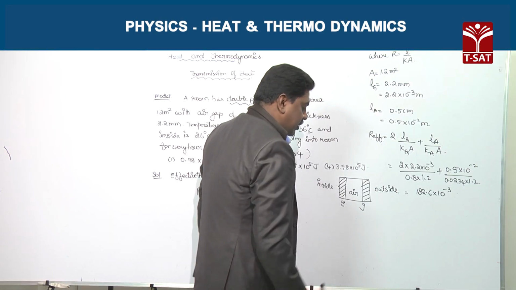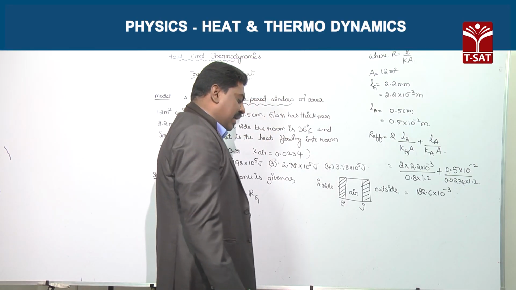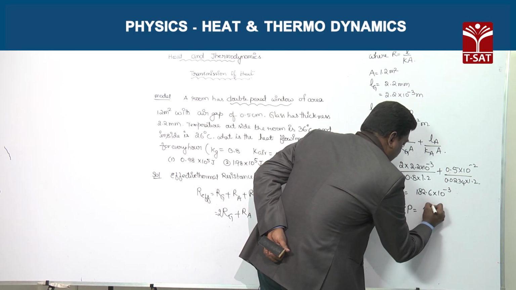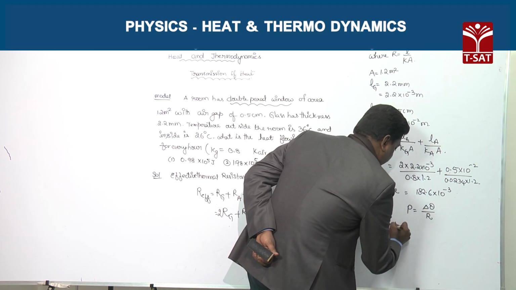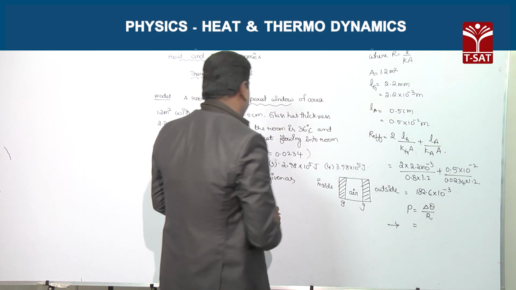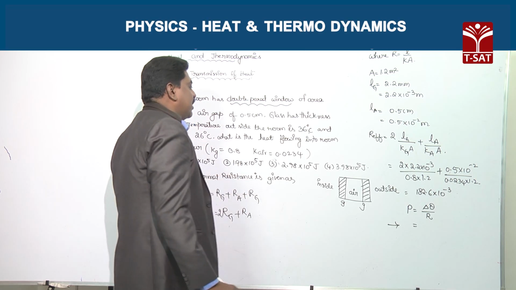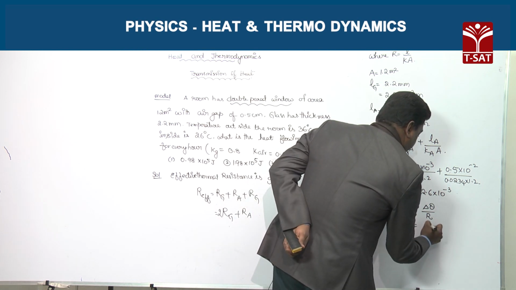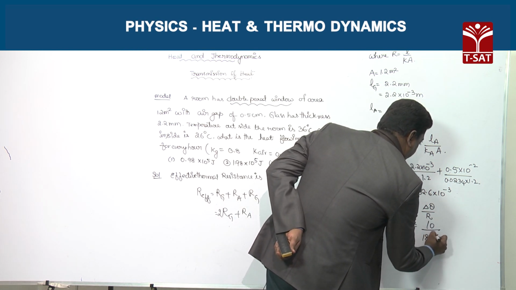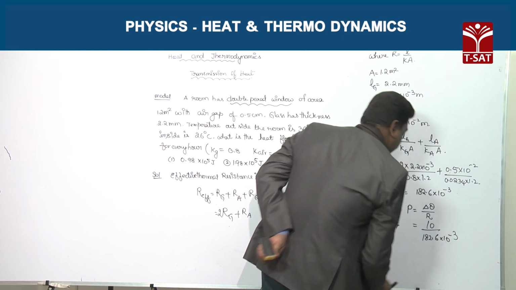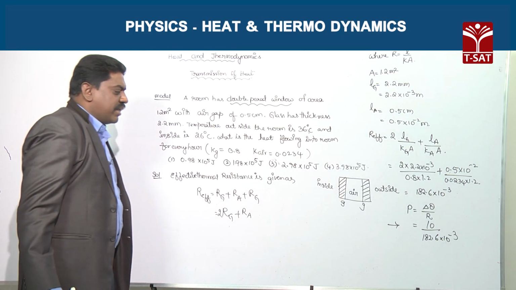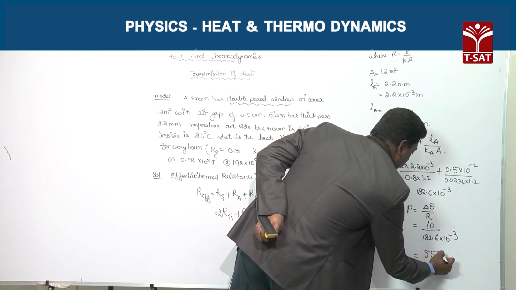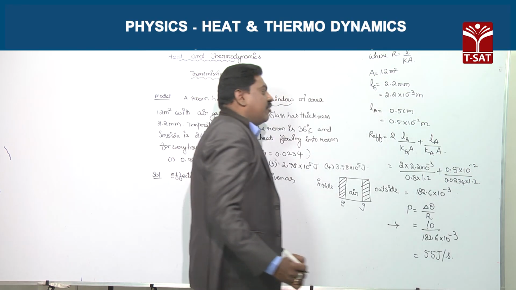What we have is power equals delta theta by R. Delta theta is given as 36 and 26, the difference is 10. So 10 by 182.6 into 10 power minus 3. The Q by T value is given as 55 joules per second. But we want it for 1 hour.